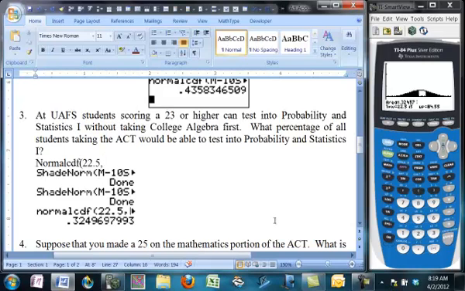If this is really continuous data, we would have just put the 23 there. And we want to go up to infinity, which we're going to use M plus 10S for that, with the mean of M, standard deviation of S, and the calculator gave us 0.324969793, or about 32.5%.